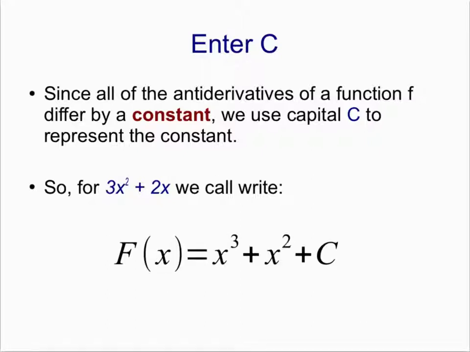Capital F of x would be x cubed plus x squared plus C. This constant here will hold the place for any of those constants that we could have there. It can actually be any value, because no matter what the value of C is, when you take the derivative of capital F, you're going to end up with 3x squared plus 2x. So anything that looks like this with some number at the end, x cubed plus x squared plus capital C, the derivative of that is always 3x squared plus 2x.